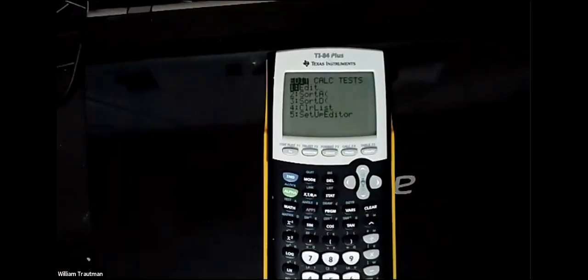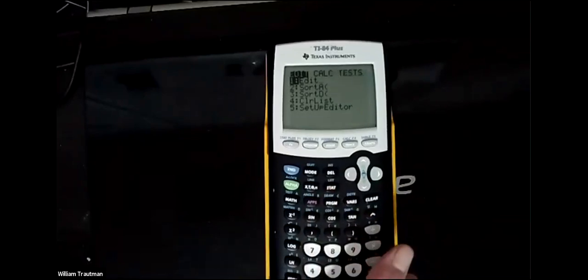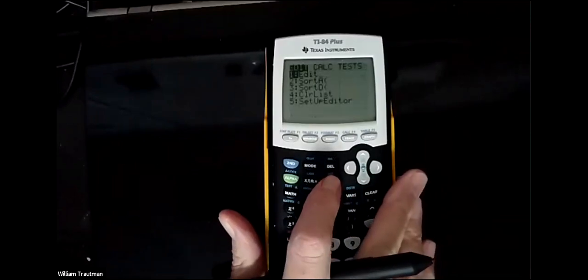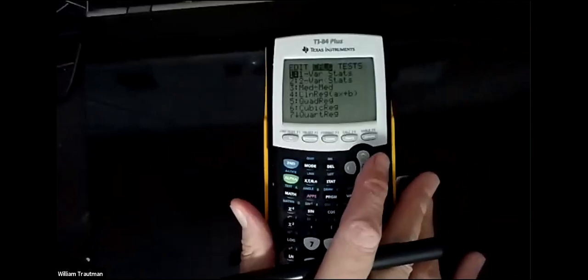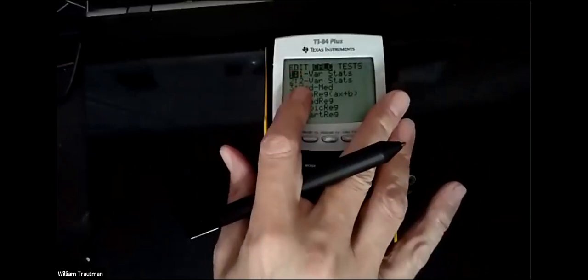So I've entered in, once again, I went to the stat button, number 1, edit, and I typed in all the data into list 1. So what we're going to do is I'm going to write this down. To find the average, we go to stat, arrow over to calculate, number 1 var stats, hit enter.